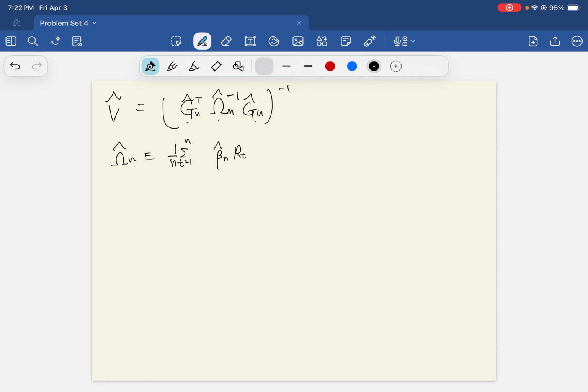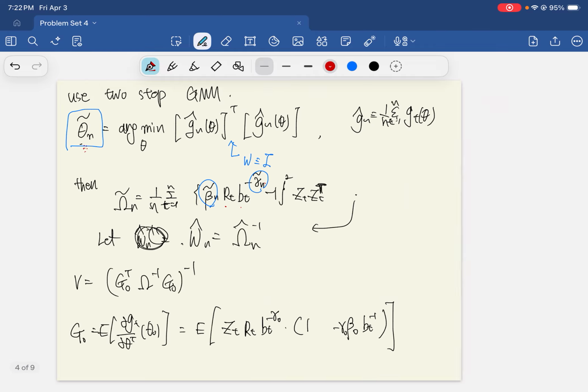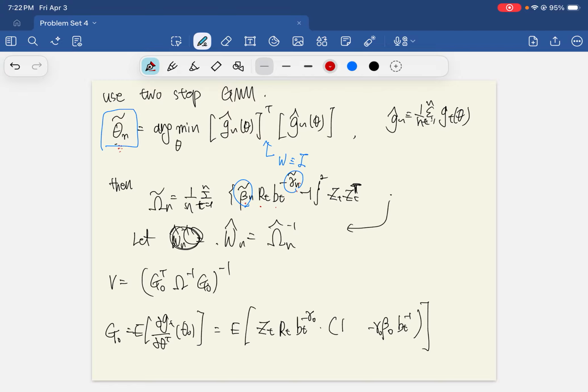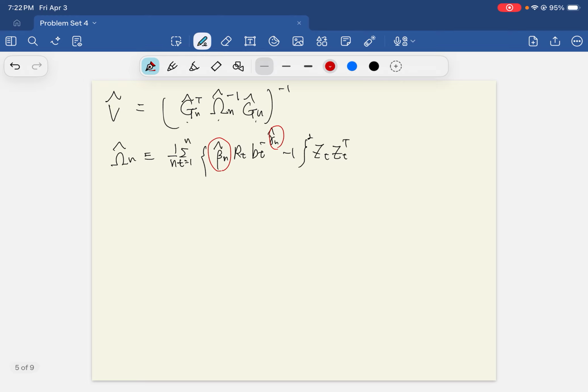Beta hat RT BT minus gamma hat n minus 1 squared ZT transpose. This is the difference. Again, the only difference here is the estimator you are using here is different from the optimal weighting matrix.